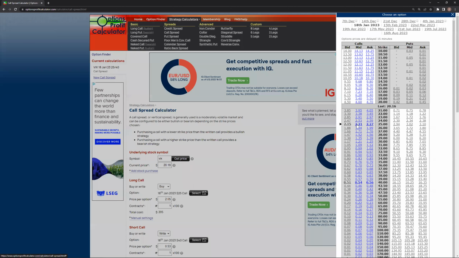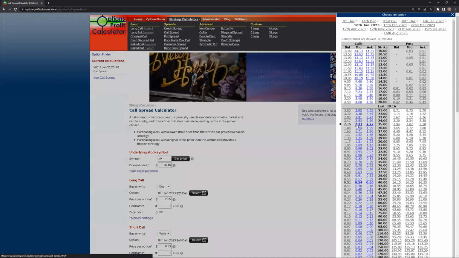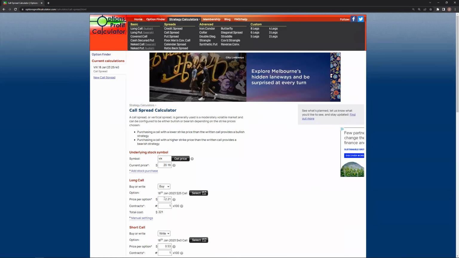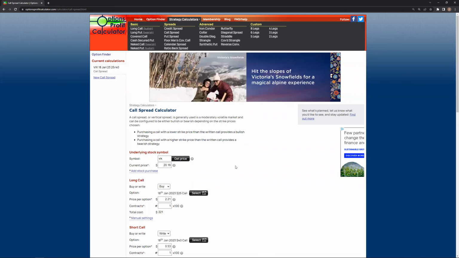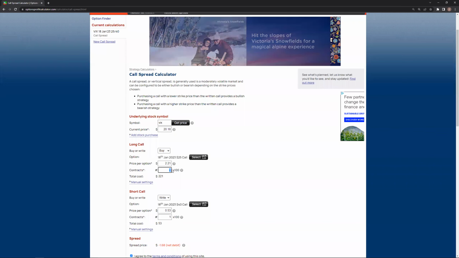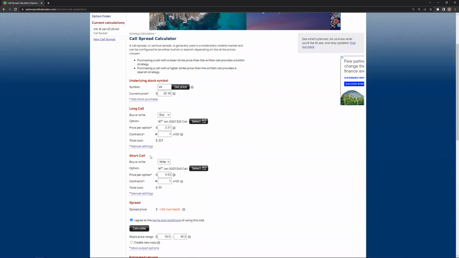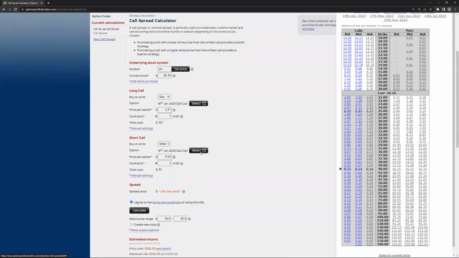I will take the middle price, 2.21. So now since the call option price is different, the calculation will be slightly different. I'm going to buy one contract on the long call option, and then on the short side, I am going to sell the 40 strike, and I will take the midpoint 0.54.